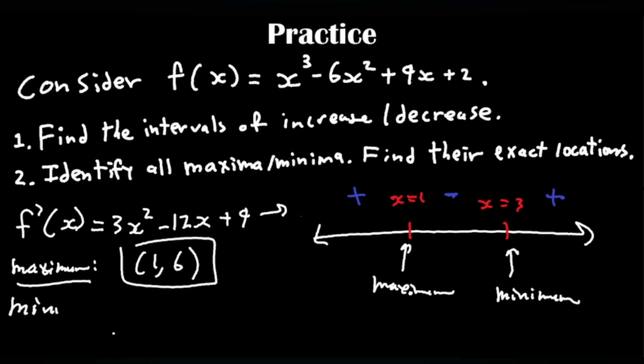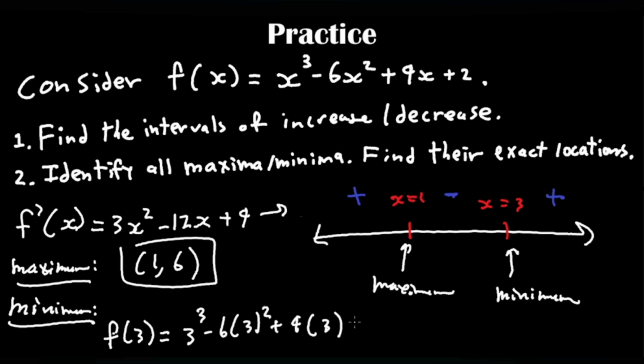And our minimum occurs when x is 3. So if we plug in 3 into our function, we get 3 cubed minus 6 times 3 squared plus 9 times 3 plus 2, which is 27 minus, so 6 times 3 squared, that's 6 times 9, 54, plus 9 times 3 is 27, plus 2. 27 plus 27 is just 54.